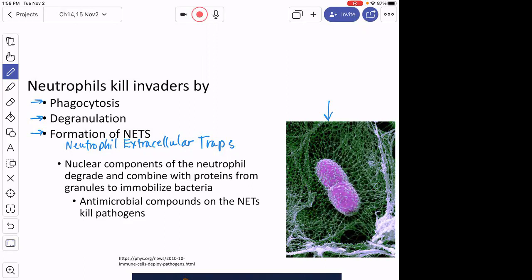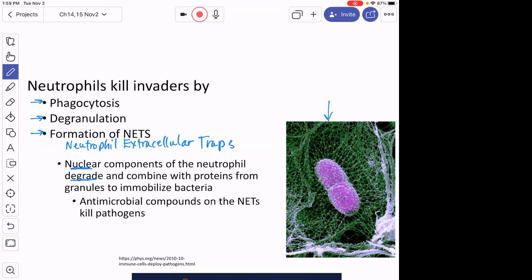Okay, so the neutrophils have ways to kind of degrade their DNA, and basically it's kind of like, I don't know, like a hand grenade or something. They degrade it and then can kind of blow it out of their cell in order to trap pathogens.